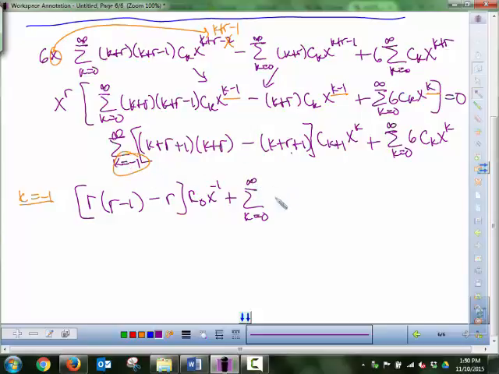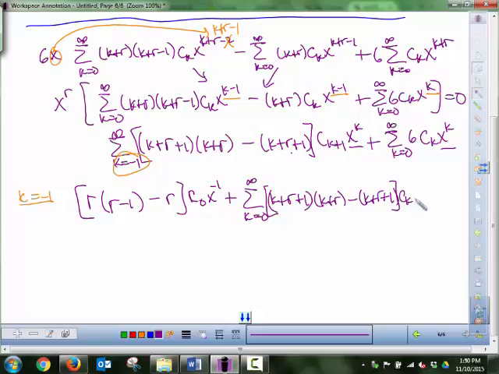So I'll just rewrite everything over again. But this time, I'll factor out an x to the k. So I have k plus r plus 1, k plus r minus k plus r plus 1. I could probably simplify this. I think I said that already.